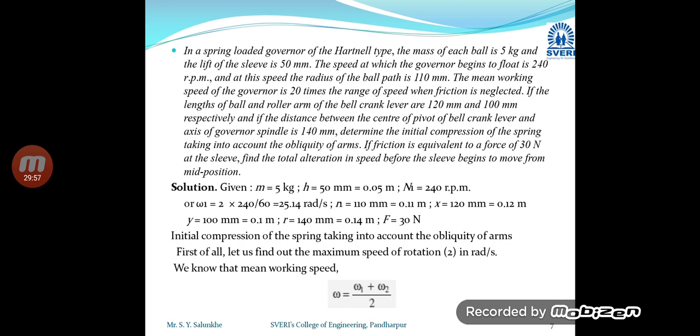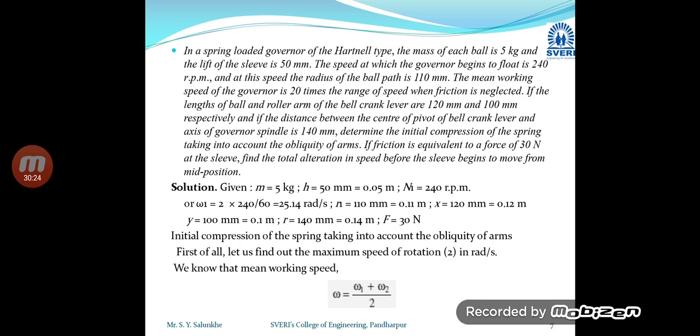Determine the initial compression of the spring taking into account the obliquity of the arm. If friction is equivalent to the force of 30 Newton at the sleeve, find the total alteration in the speed before the sleeve begins to move from mid position.